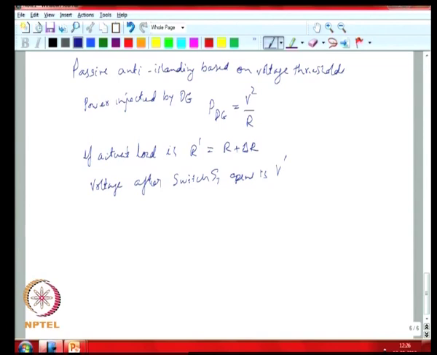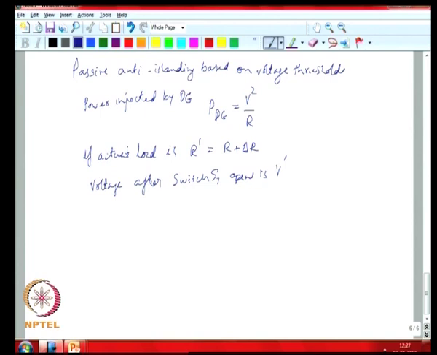So, if we assume that the power injected by the DG is continuing to be the same as what it was previously, the original power was V square by R. If it continues to inject the same power, because the power could be from a power command, it could be from some other controls, say for a PV system, it could be the MPPT tracking which determines how much power is being injected.